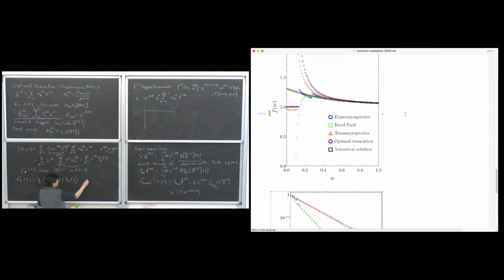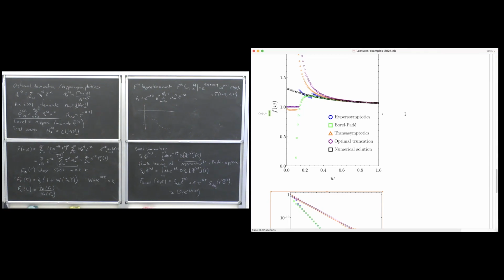What is W? W is the function such that W of x e to the W of x equals x. It's the Lambert W function. This is the solution. The higher f's, you can also calculate them. And as it happens, they are polynomials, rational functions of f0.